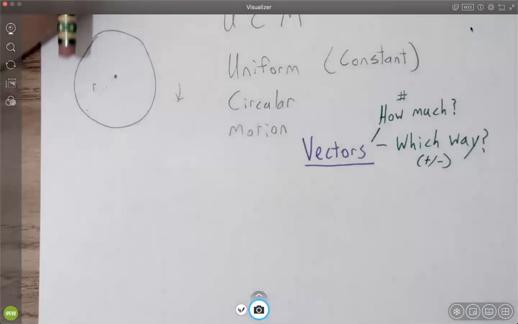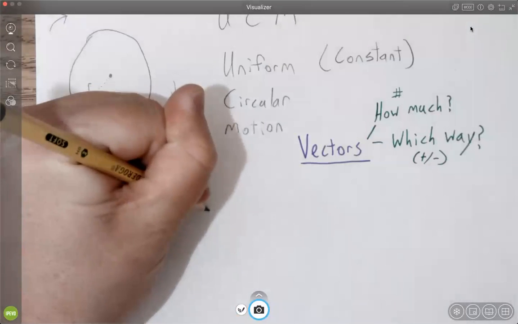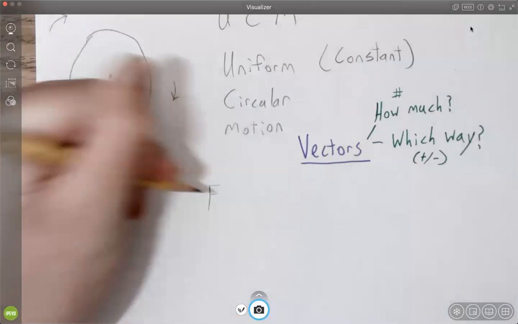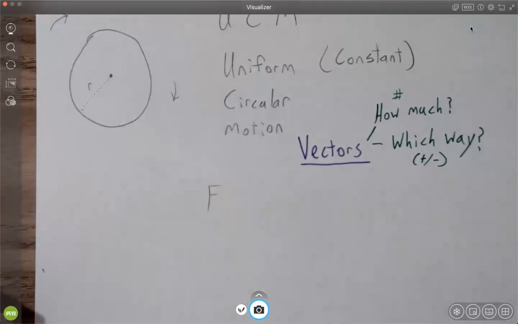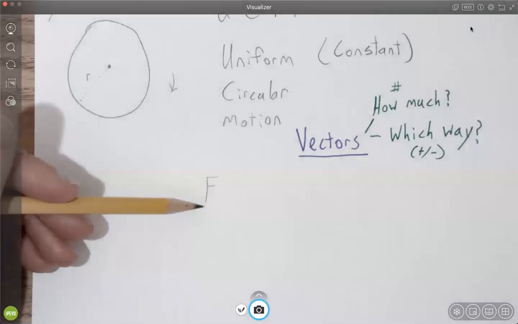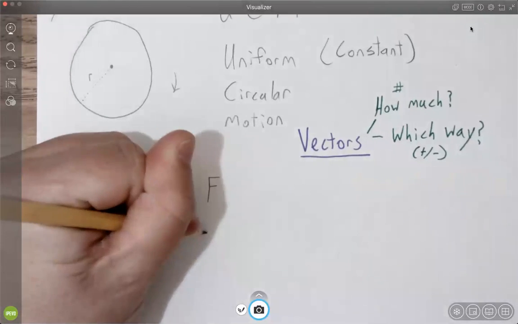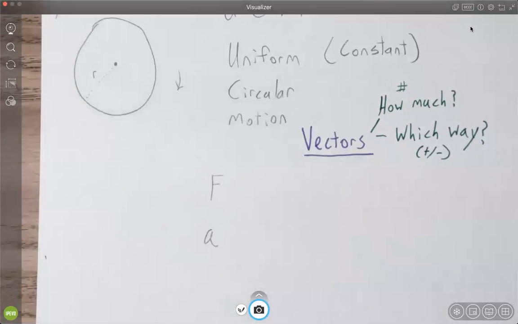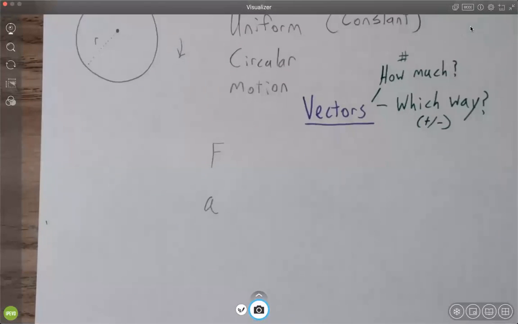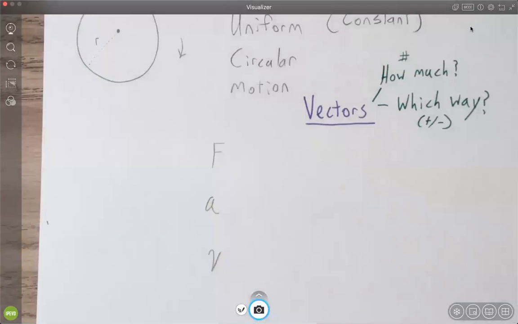So this vector that we're going to be interested in at first, I'm going to relate back to force. So there's going to be a force as a vector, so we can have 100 newtons in the positive direction and 100 newtons in the negative direction. We're also going to be dealing with a vector for an acceleration. And then lastly, a vector for the velocity.